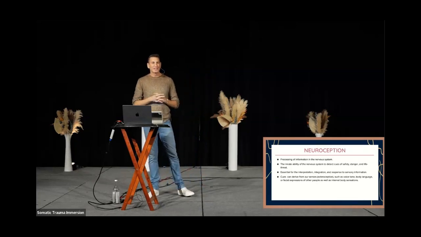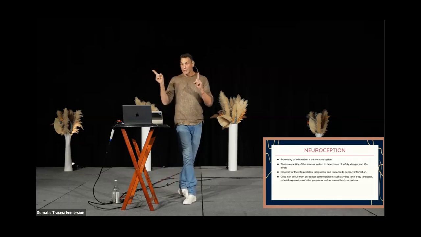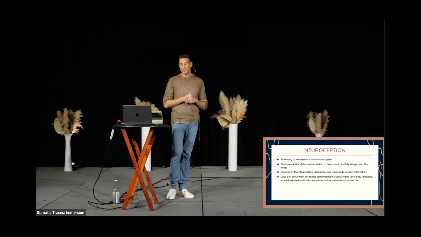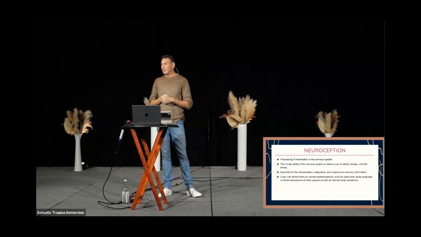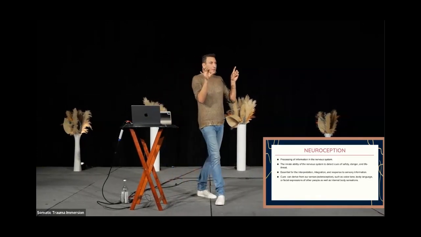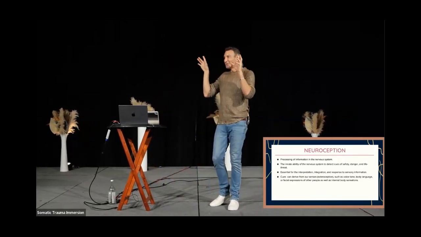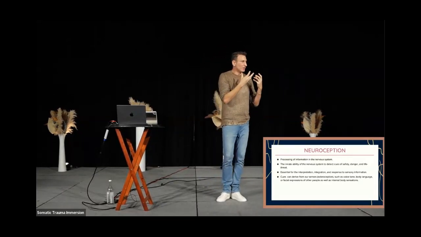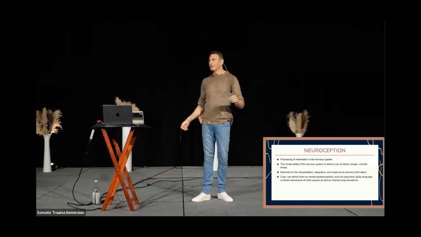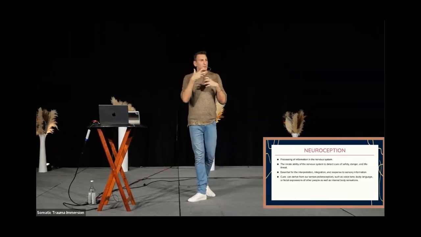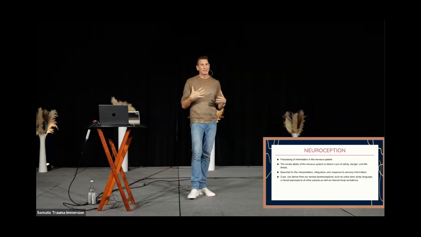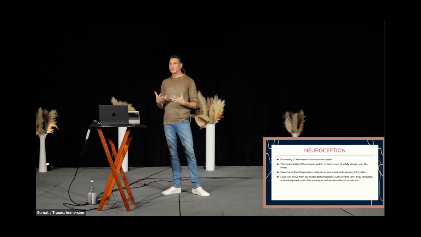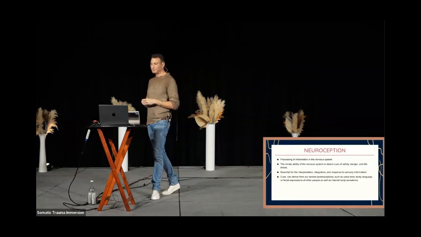So the next channel that we're going to go into, and then we're going to connect the two, is called neuroception. It's essentially all that sensory data coming in through our exteroceptors, our taste, our smell, our touch, our movement, turned into electrical signals. The nervous system picks it up and interprets it, and we call that neuroception.